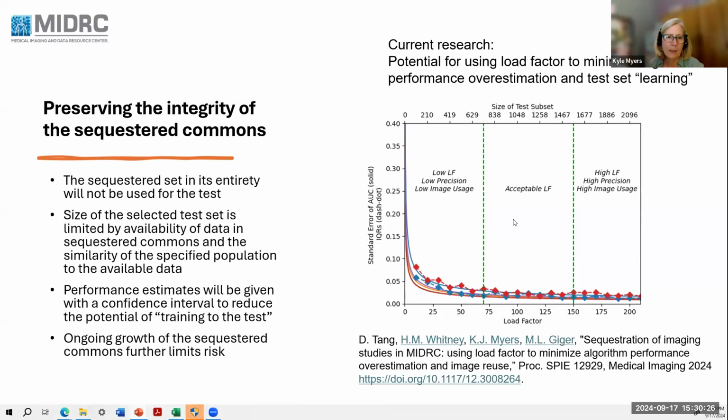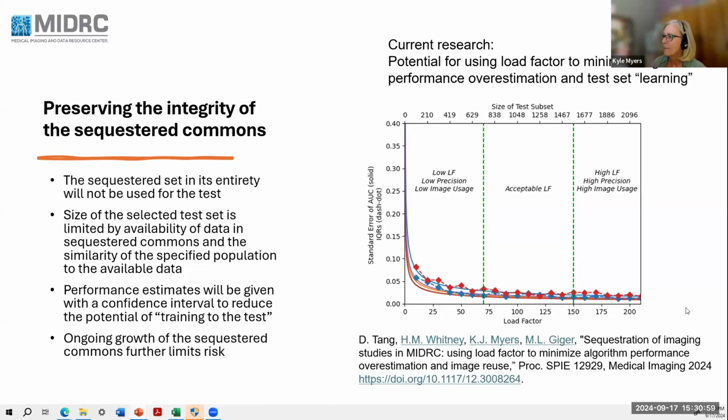And this is a publication that came from an SPIE Medical Imaging publication just in 2024, looking at a construct called the load factor for minimizing algorithm performance overestimates caused by using too much of the data and allowing for test set learning in doing so. So there's clearly some sort of a sweet spot that puts together how many times you pull data and how big the test subset size is.